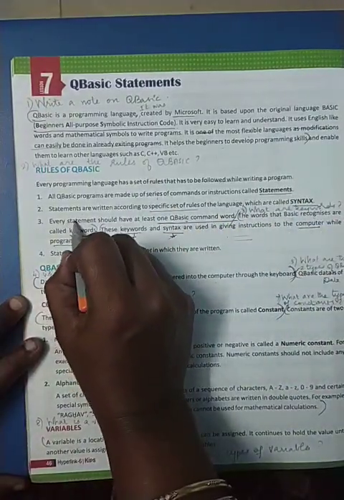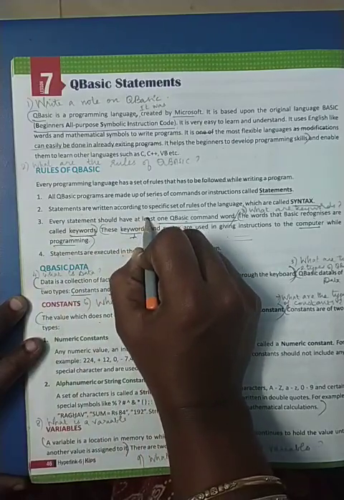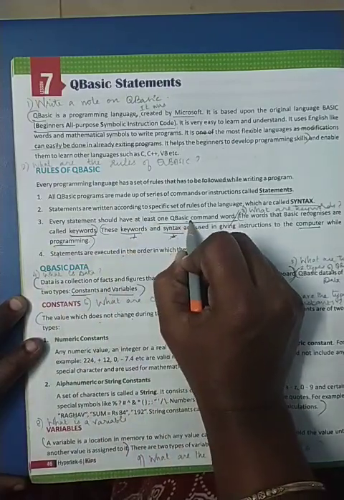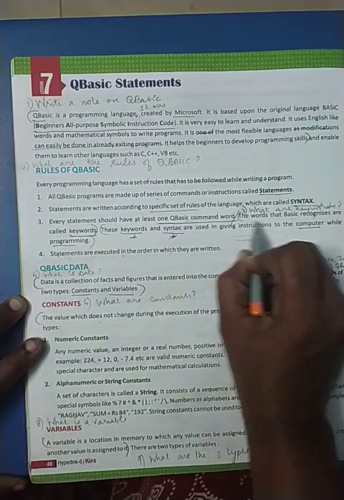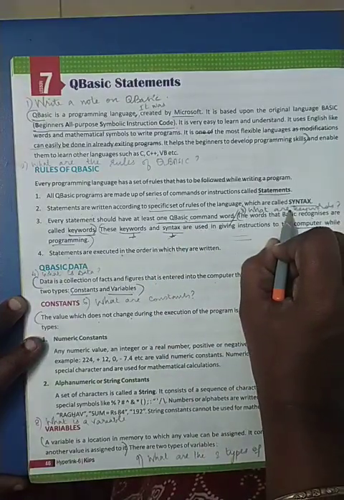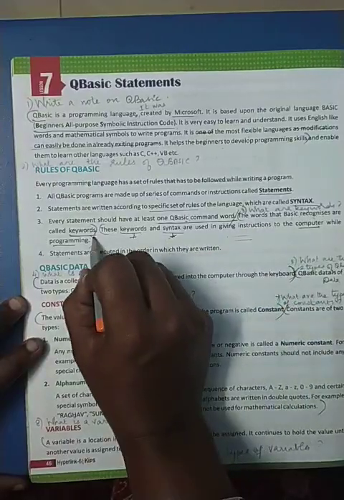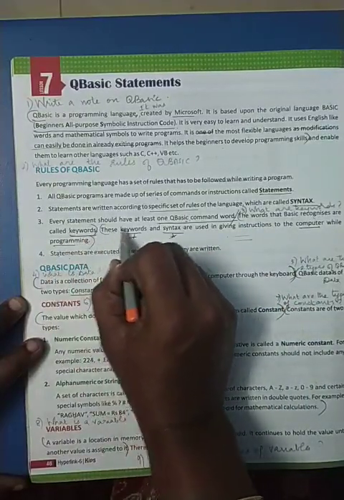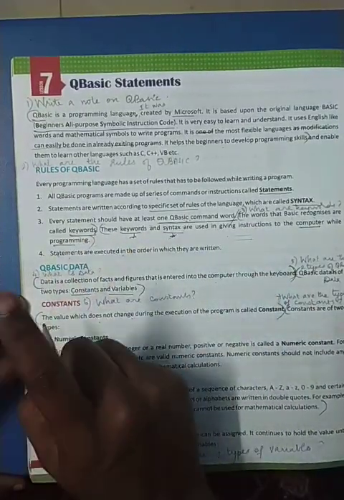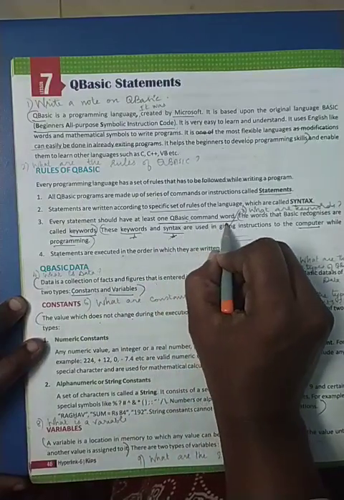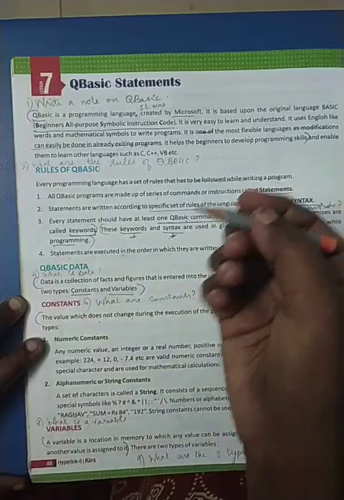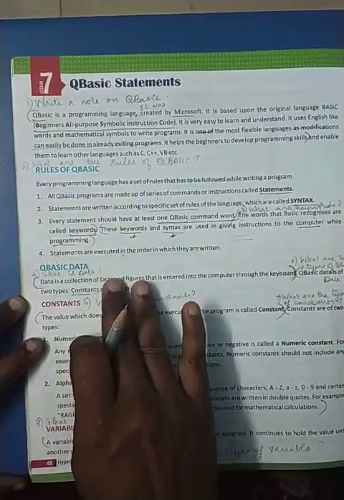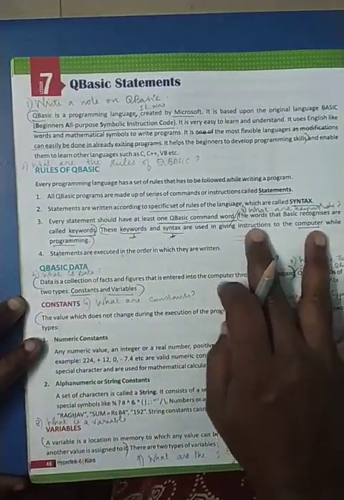Then the statements are written following a specific rule, and that specific rule is called syntax. Third one, every statement should have at least one QBasic command word. Fourth one, the statements are executed in an order.